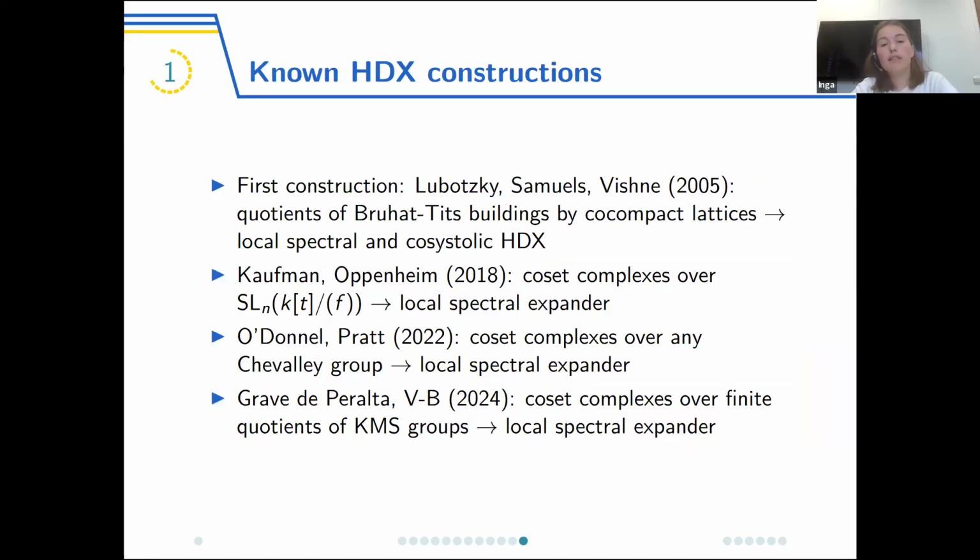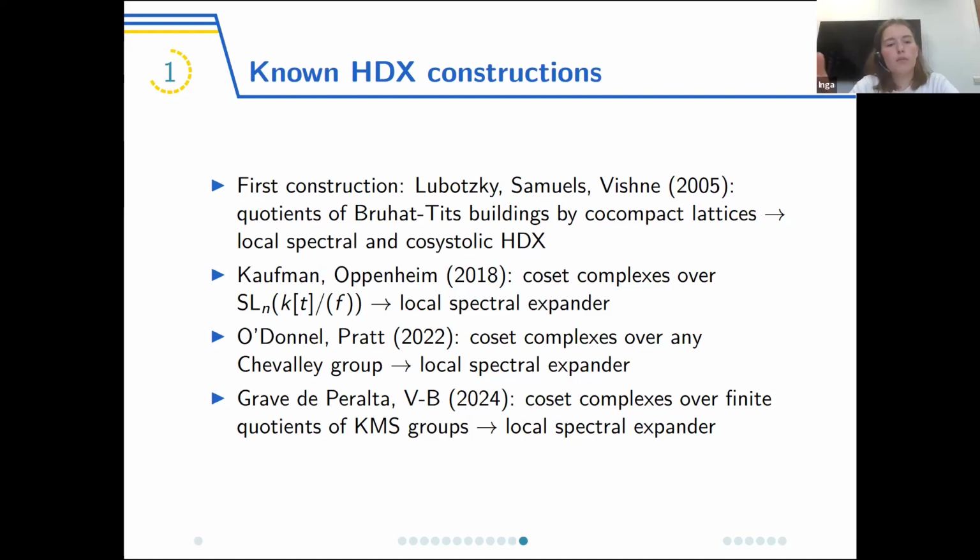But there are examples of high dimensional expanders. The first construction was due to Lubotzky, Samuels, and Vishne in 2005, where they used quotients of Bruhat-Tits buildings by co-compact lattices to construct infinite families of local spectral and co-systolic high-dimensional expanders. In 2018, Kaufman and Oppenheim gave a new construction that used what is called a coset complex over SL_n to get local spectral expanders that are, I would say, easier to grasp than quotients of buildings.